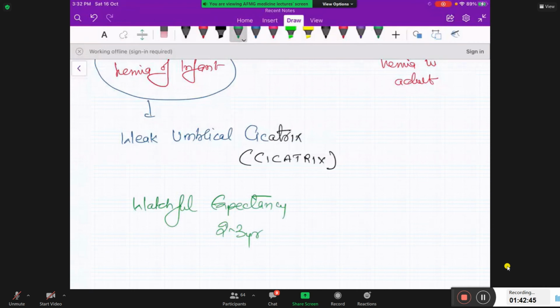And because of this inflammation, every time fibrosis is developing. So over a period of time, because of this continuous inflammation, the fibrosis keeps happening, and this umbilicus becomes strong. So usually, by 2 to 3 years, this swelling goes off. So we don't need to do anything here. We just have to wait for 2 to 3 years.